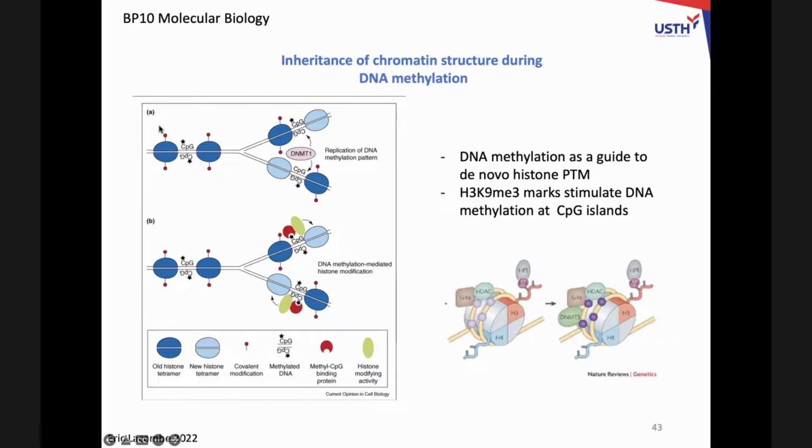Do you understand the process in this drawing? So it means that this semi-conservative event is very quickly rebalanced in order to be completely in a condensed situation.